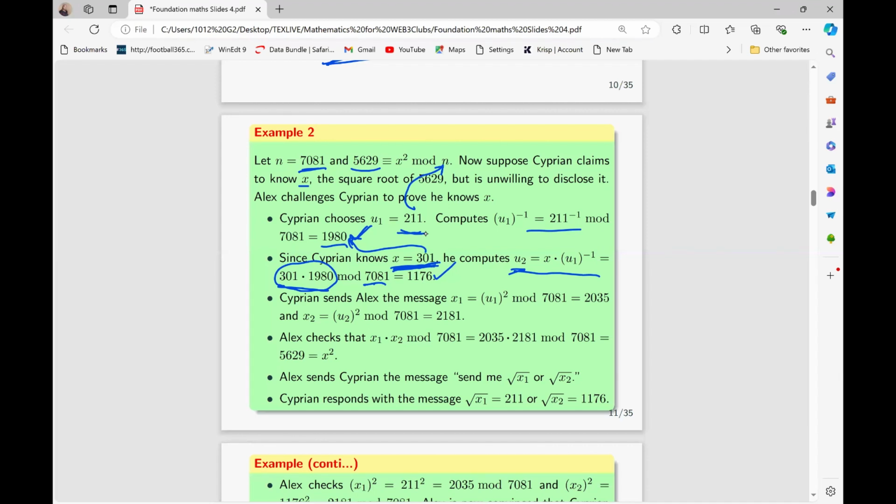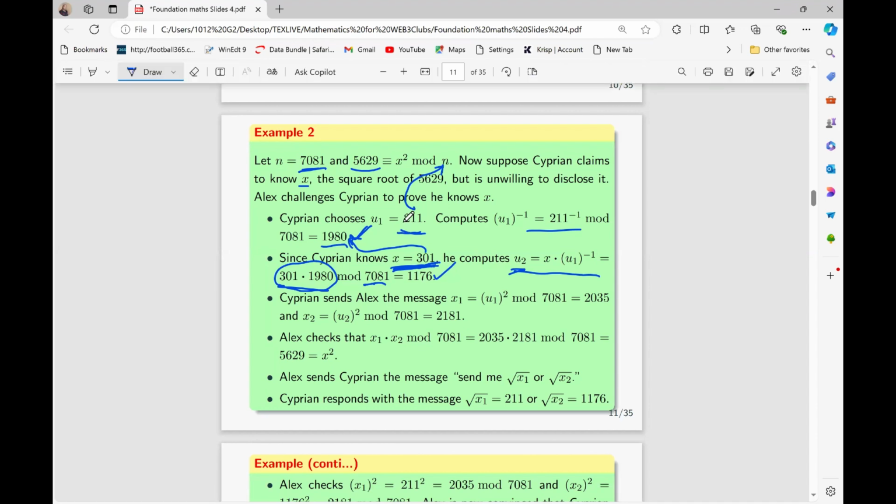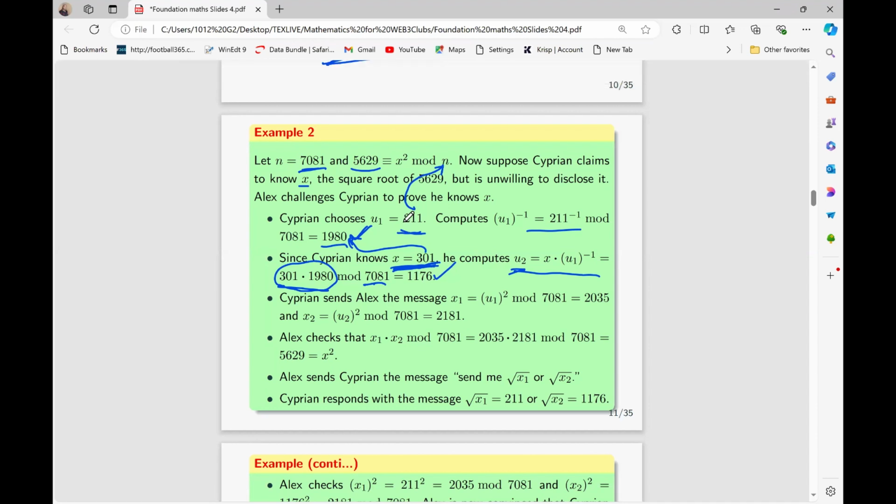Don't give u2 and u1 to Alex, because if you give him u2 and u1, he will get x. And you want to conceal it. You want x to remain secret. You don't want anybody to know. So after getting u1 and u2, square u1 and square u2.